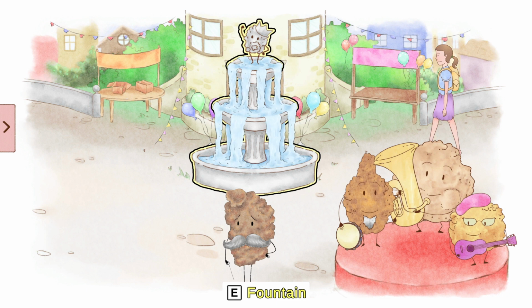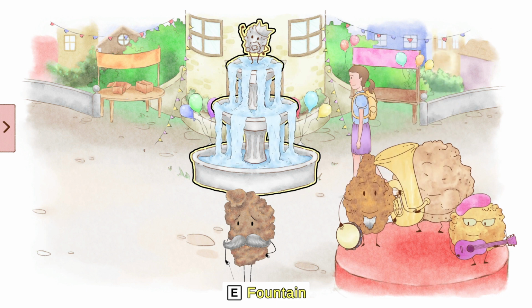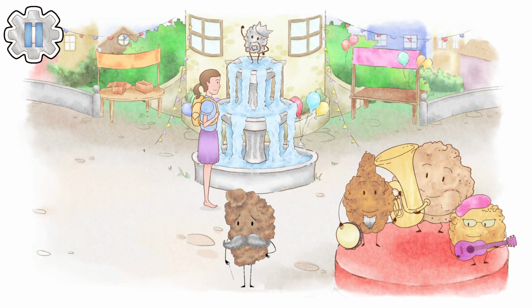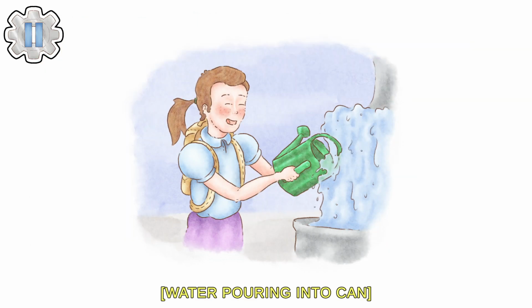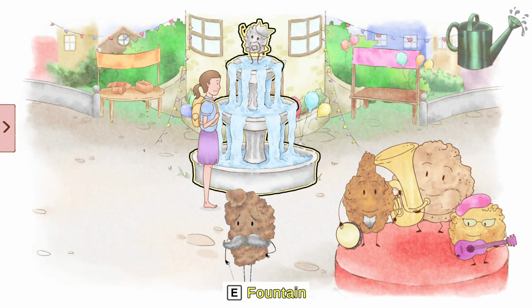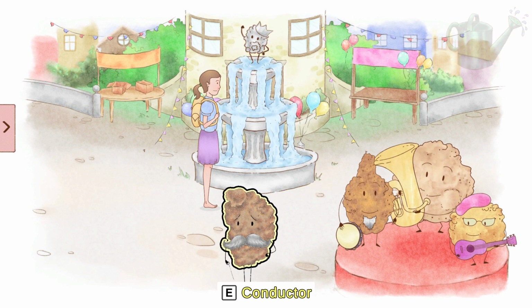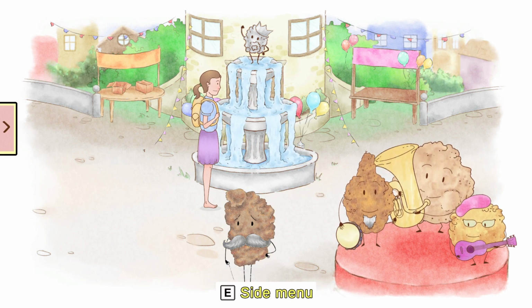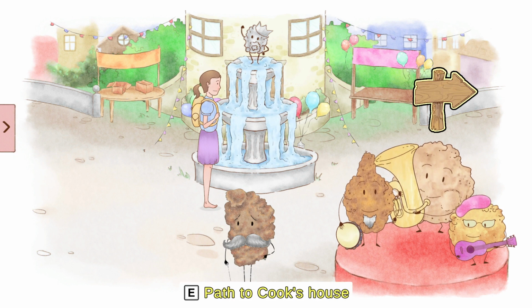Fountain. Watering can. Full. Added to backpack. Fountain. Path to decorator's house. Side menu. Path to cook's house.